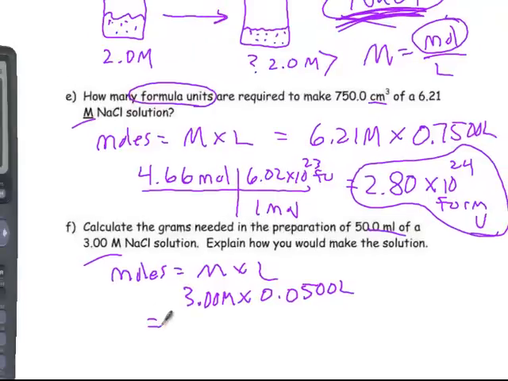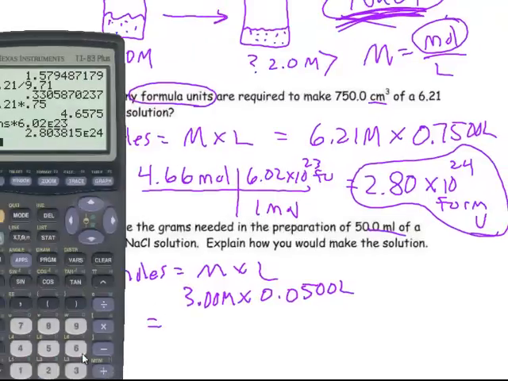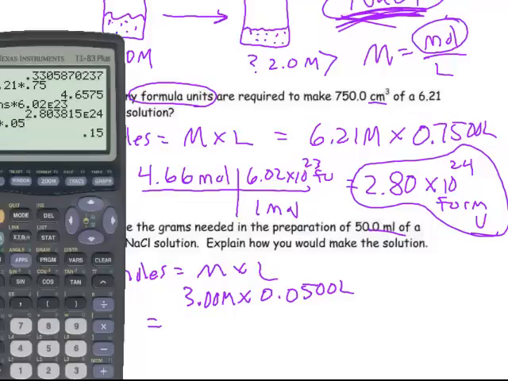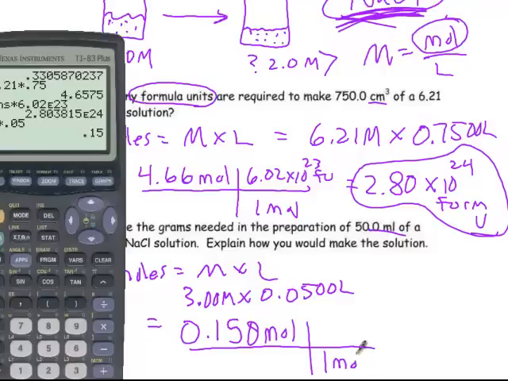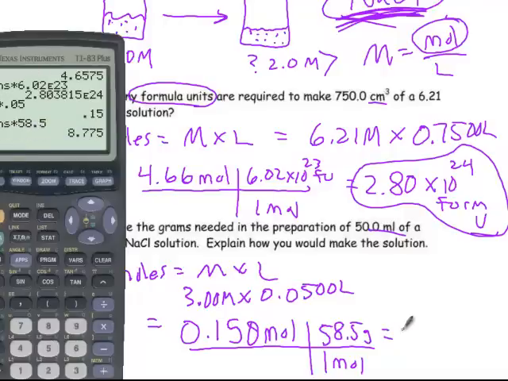So 3 times 0.05, and we get 0.15. Yeah, that was an easy one. Add the significant digit. Moles. And then grams. 1 mole is 58.5 because it is NaCl. Grams. So times 58.5. 8.78 grams of NaCl. So that's the first part of the question.